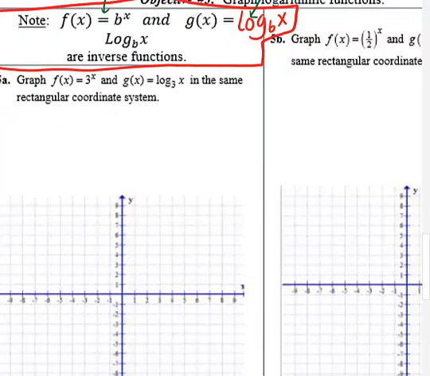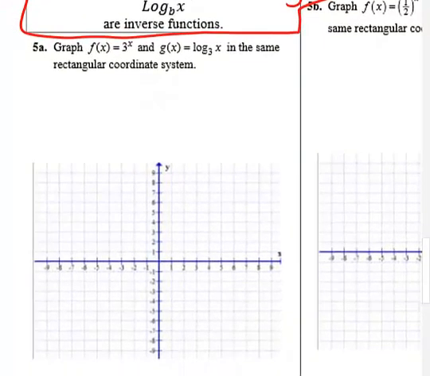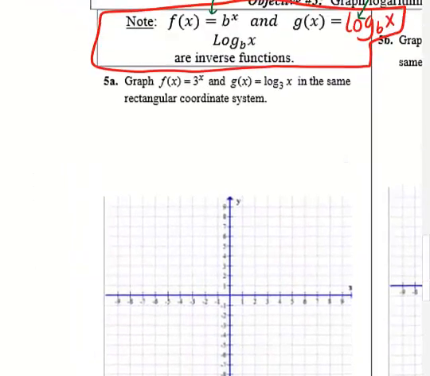They're inverse functions. I talked about that earlier, but it comes in handy here because, remember from chapter 2, the graphs of inverse functions are reflections of each other across the line y equals x.